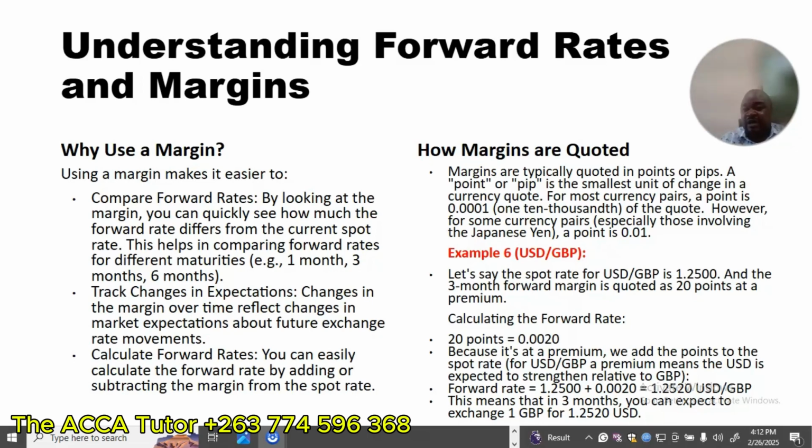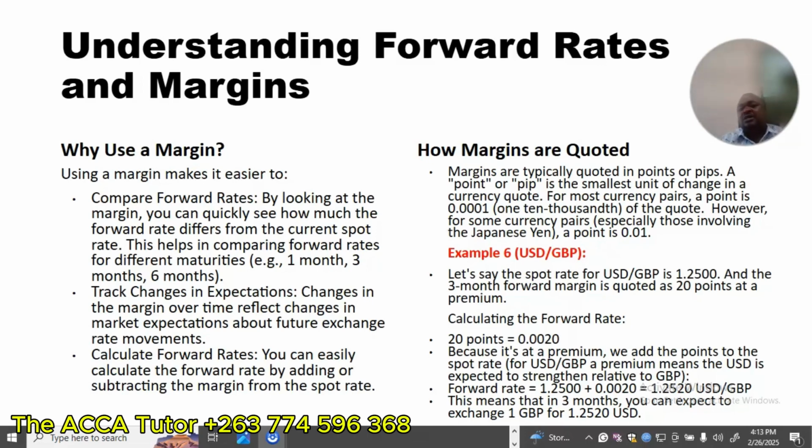For most currency pairs, a point is equivalent to 0.0001, that is 1/10,000th of the quote. However, for some currency pairs, especially those involving the Japanese yen, a point is equivalent to 0.01.